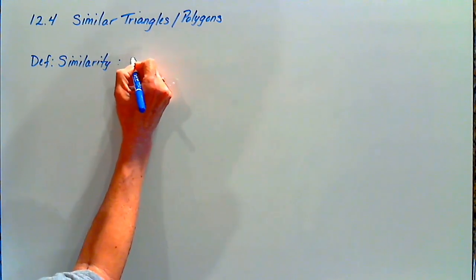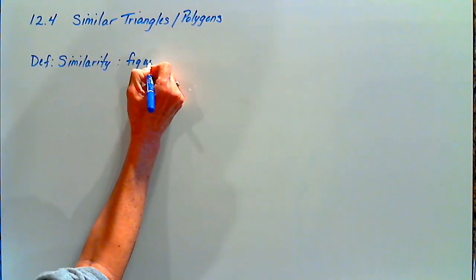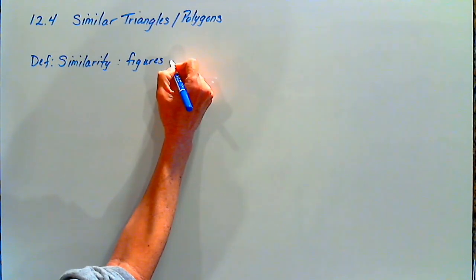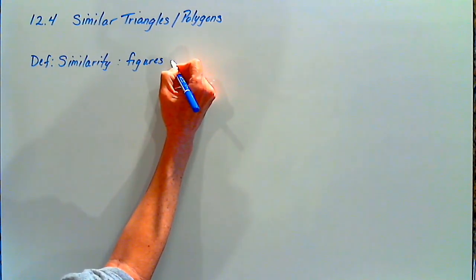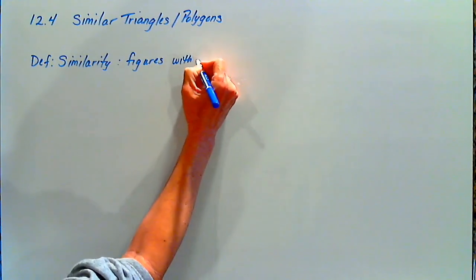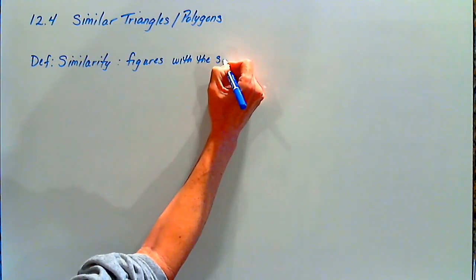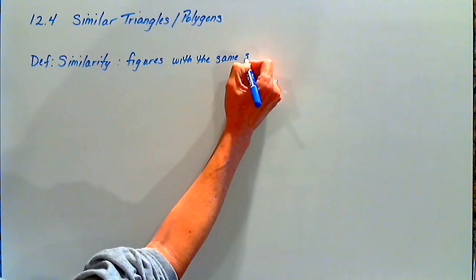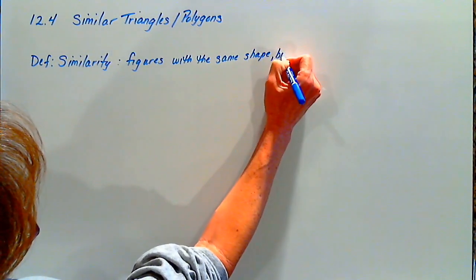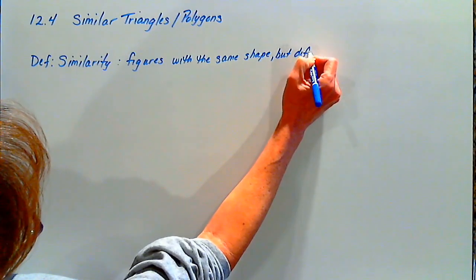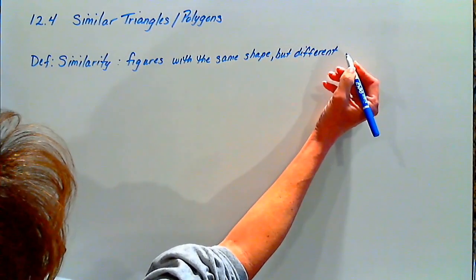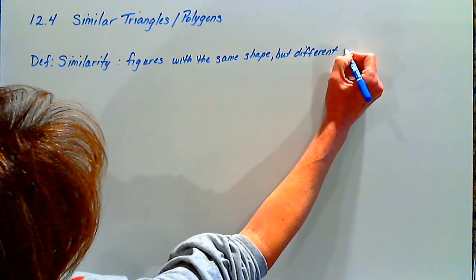Polygons or figures are similar when they have the same shape but are different sizes. So this will work with any polygon. Today we're going to primarily focus on triangles.